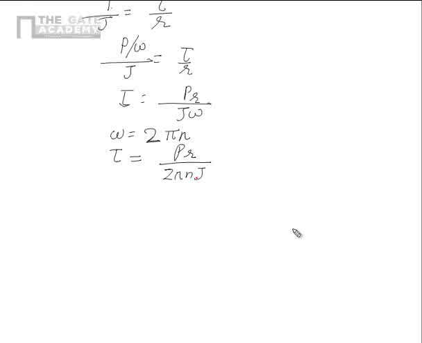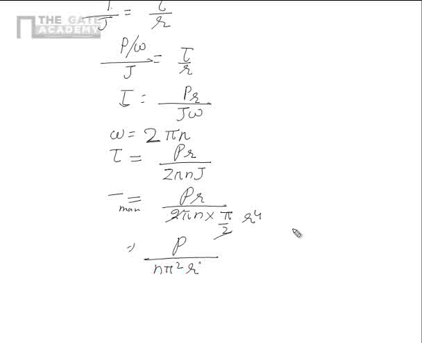Now if we have to find out the maximum shear stress, then obviously J is pi by 2 r to power 4. So tau max is equal to PR upon 2 pi n into pi by 2 r to power 4. So that gives me tau max as P upon, this 2 gets cancelled out, n pi square r cube.